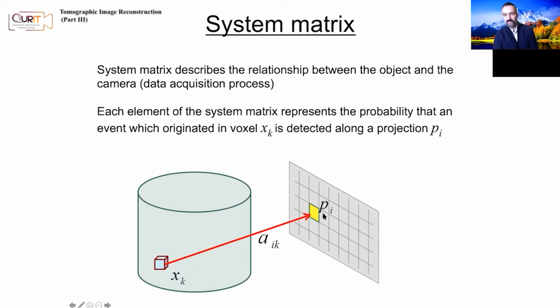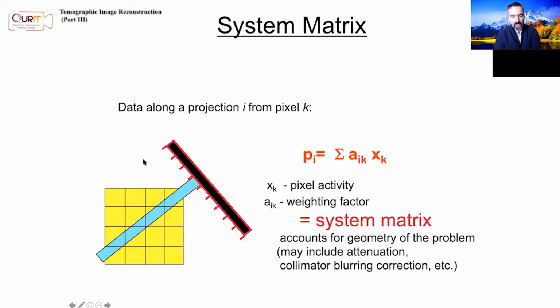This could be a projection for a gamma camera, as in SPECT imaging, or it could be a line of response for PET imaging. So, it's linear algebra. This is what the representation is, and you write it out like this.